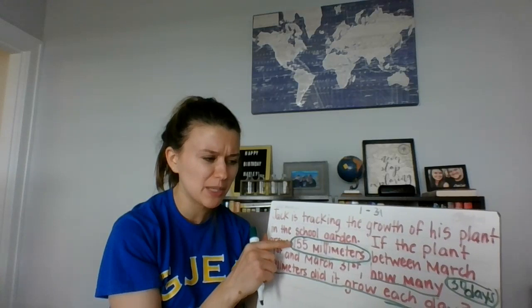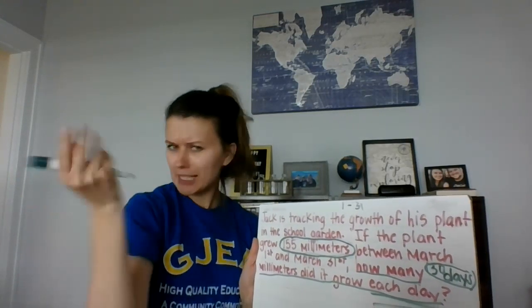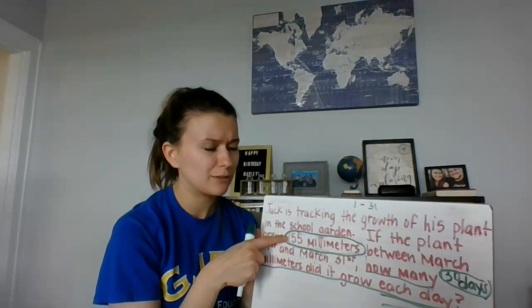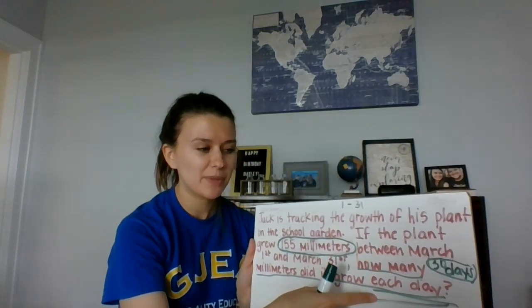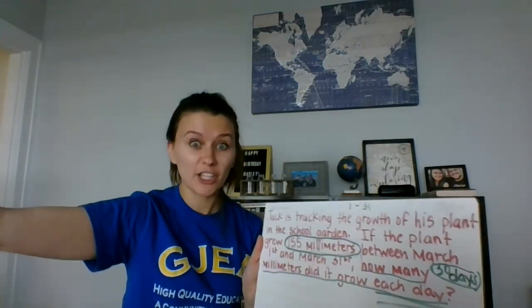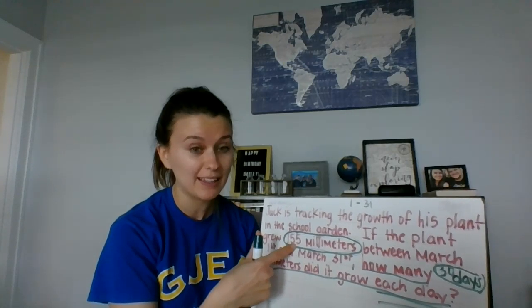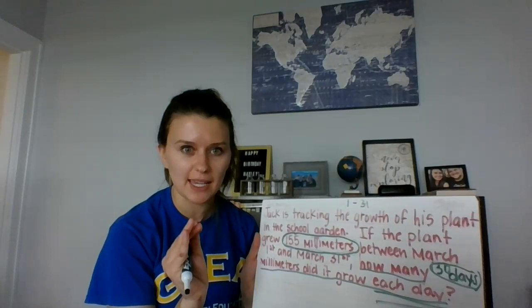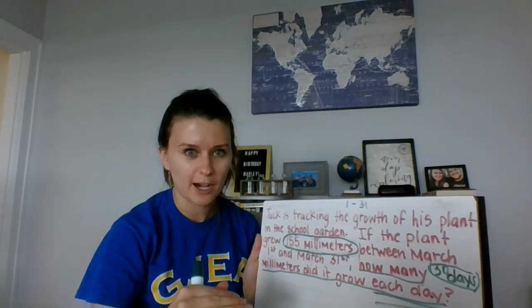Okay, so let me think about that. If I were to multiply 155 times 30, let's say that's the operation I'm going to use, you would get a number larger than 155, right? And if that's how much the plant grew each day, after 30 days, you'd have a huge plant. It'd be way bigger than how much we know already the plant grew to be. The plant's 155 millimeters, that's it. But we want to see how much it grew each day to get there.